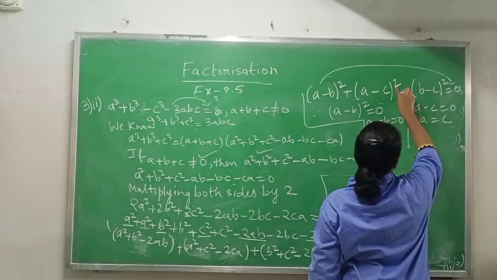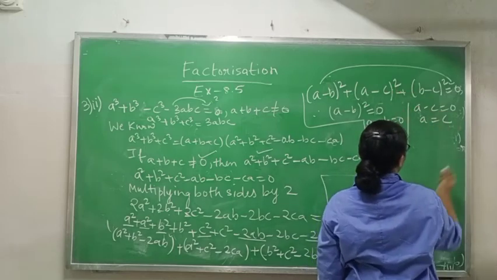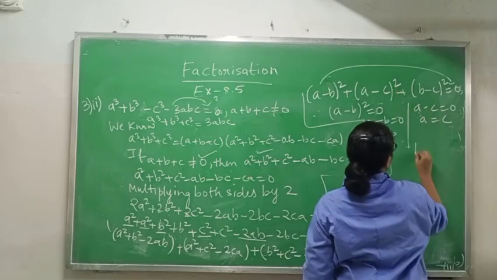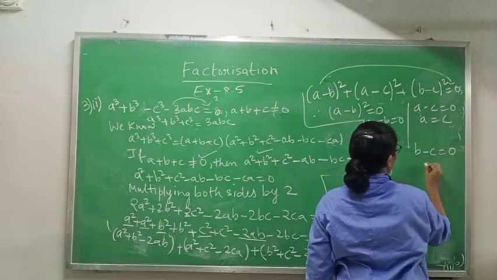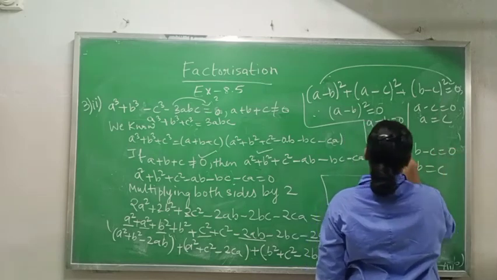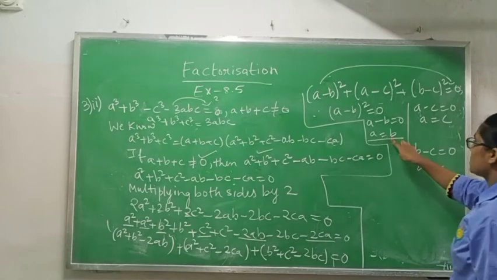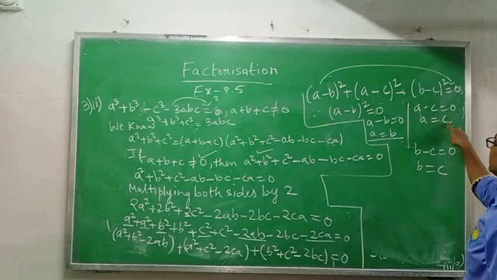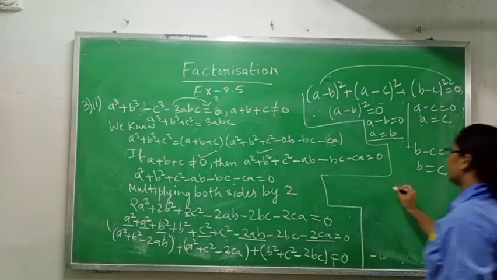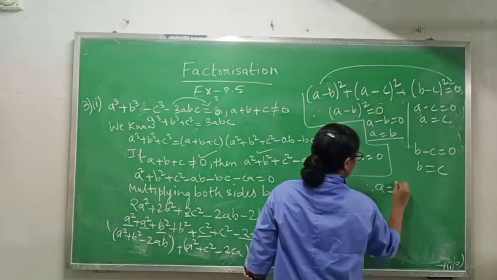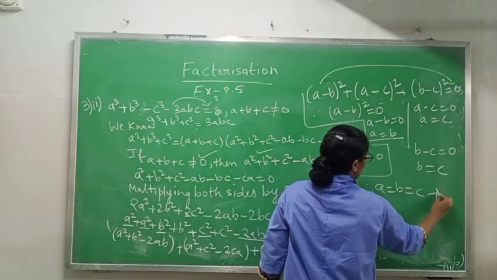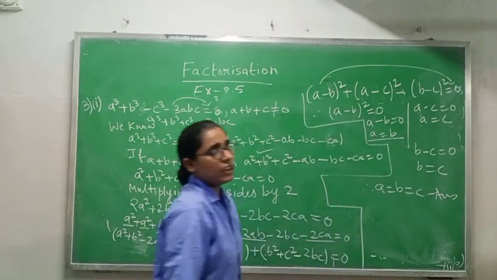I am just removing this square because it will become 0 only. And then you have b minus c equals 0, so b equals c. Now you can see a equals b equals c equals a. It means that therefore a equals b equals c. This is the relationship between a, b, c.